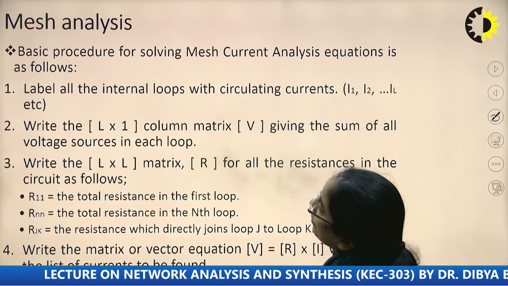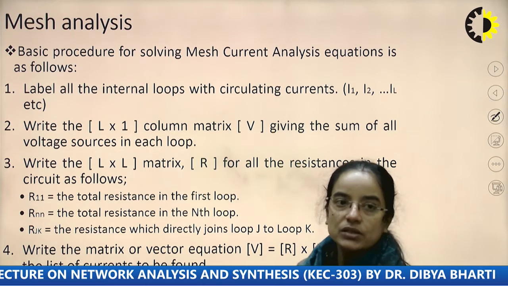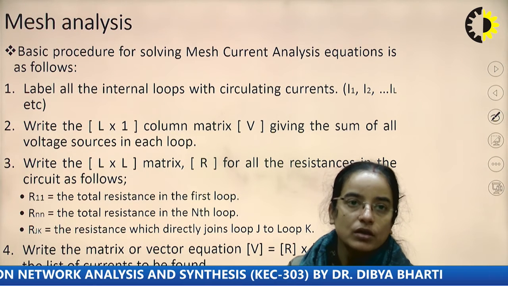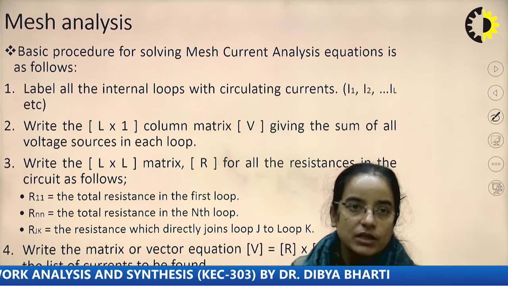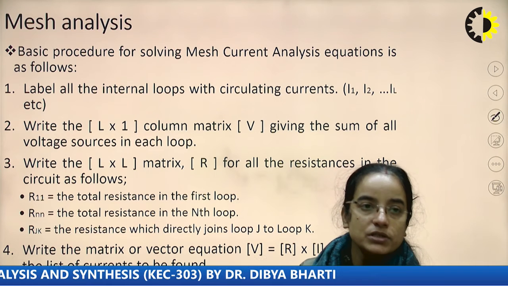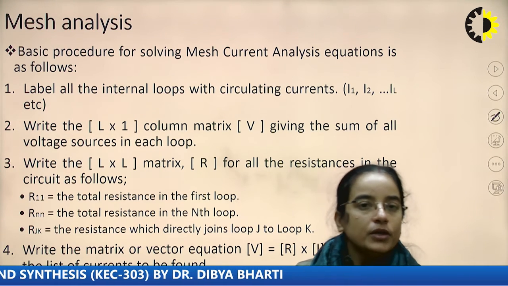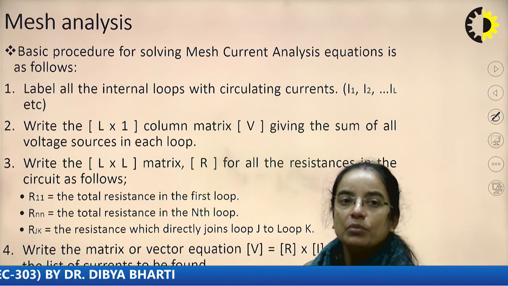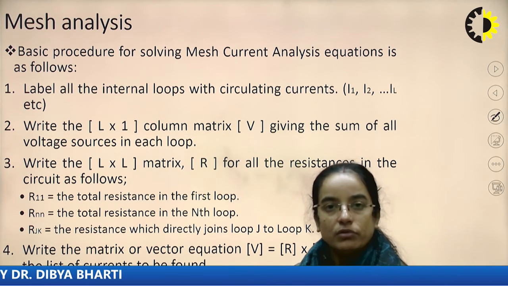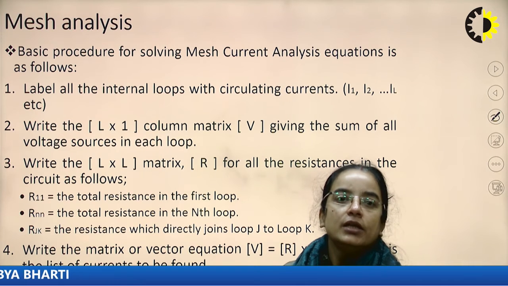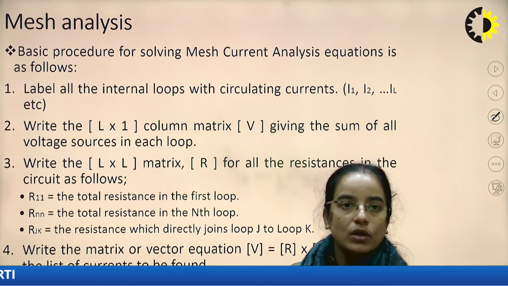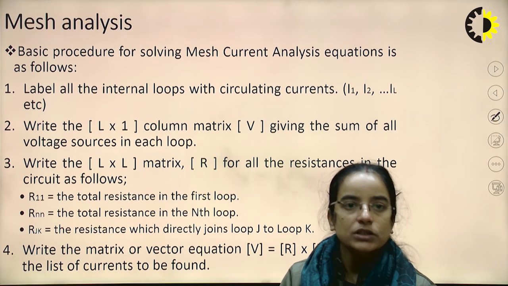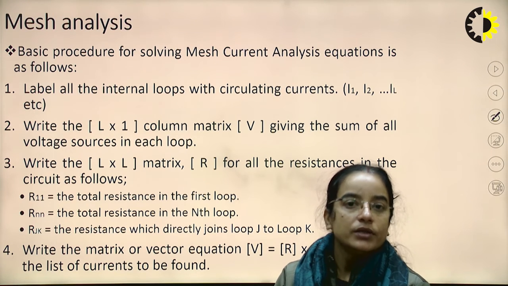See, the basic process for calculating the current with mesh analysis is that the first step is to label the internal loop with circulating current, I1, I2, I3, that is, label the mesh with the individual circulating currents. Then write the column matrix for the voltage. Write the resistance matrix.